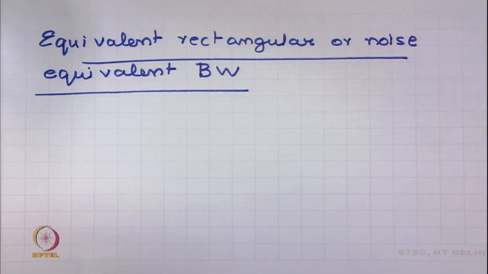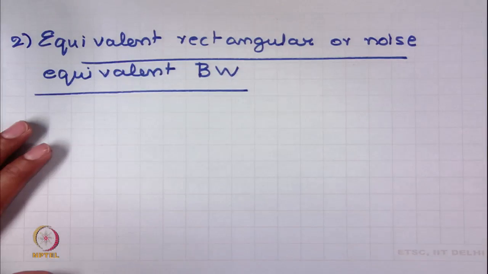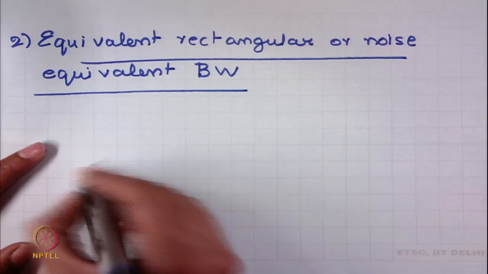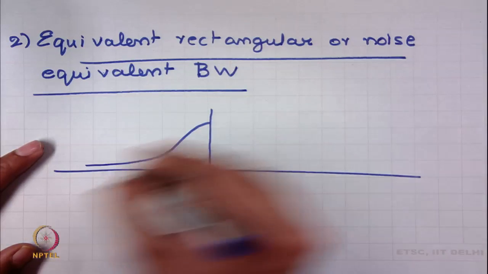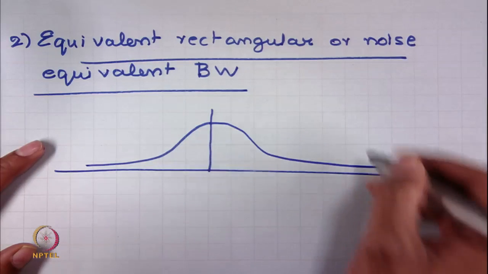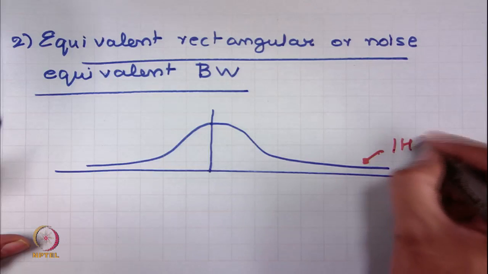Idea behind this definition is that if you have been given a particular mod of HF, let us think it like this. So, this is mod of HF that has been given to us.